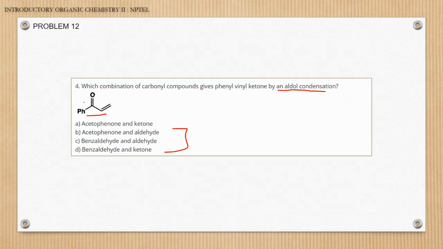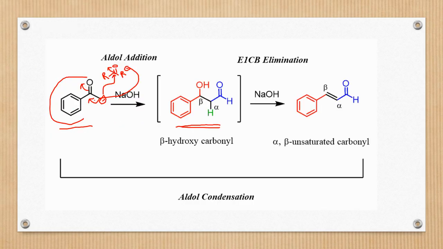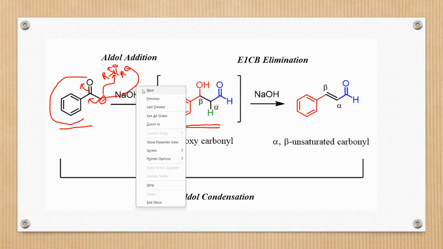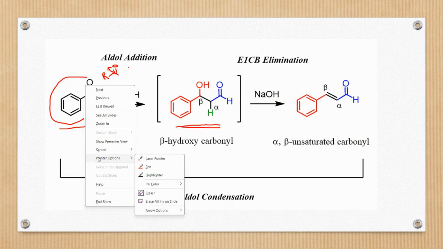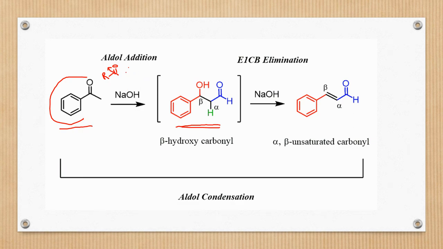So if this aldehyde has to be attacked and the ketone has to be attacked, you have to answer according to the attacking positions. Just think, if you have this ketone and if you have this aldehyde with you, this is the aldehyde.